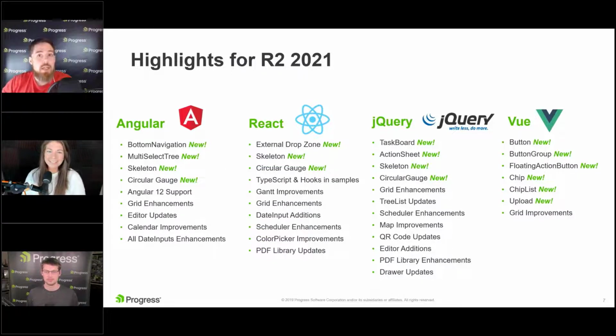Because we are addressing feedback that we get from all of our customers to ensure that we can deliver components and features that they need. But overall, between Angular, React, jQuery, and Vue, there's a ton of features. So we're going to dive into this a little bit deeper within each section.